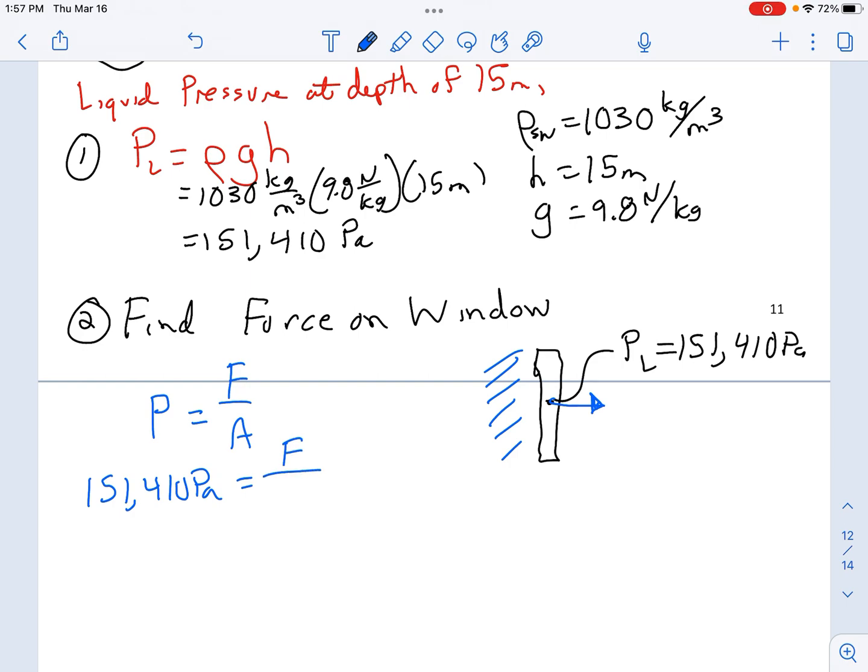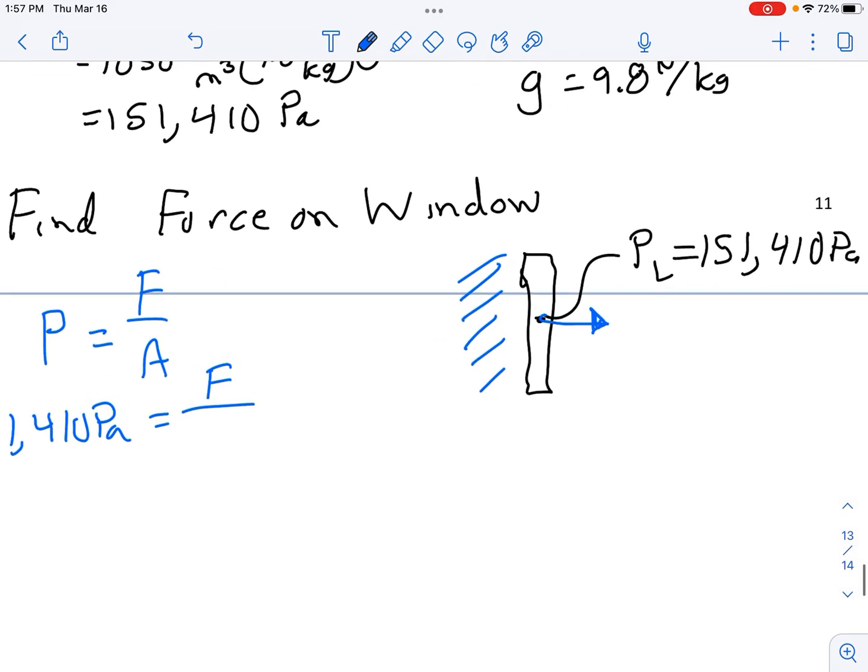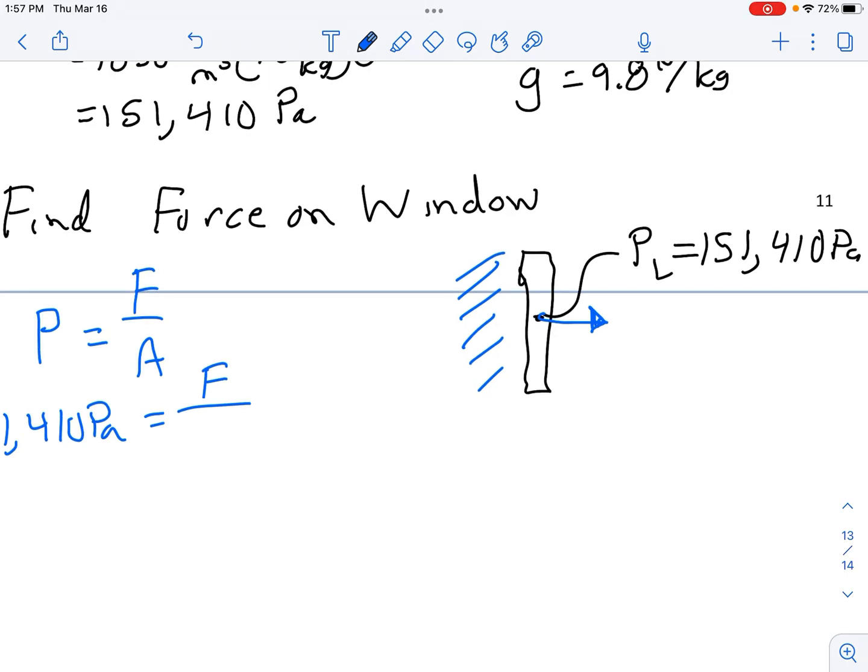Force over area. Now the interesting thing is we have areas in inches, so we need to get that into meters squared. So we have 400 inches squared of window, and we can do this a number of ways. But 1 inch, put that on the bottom.